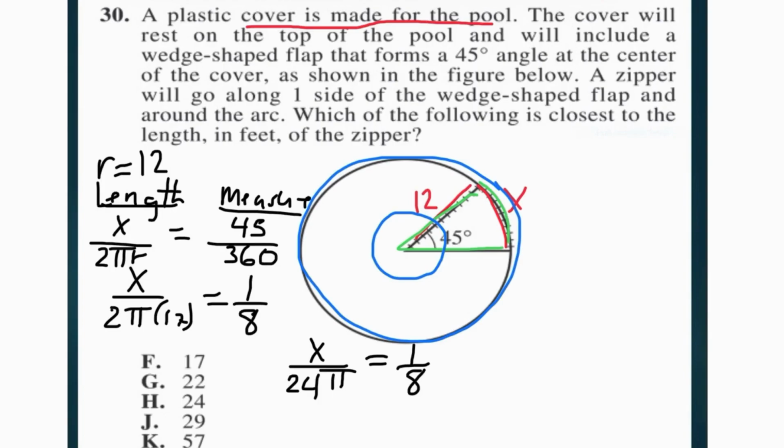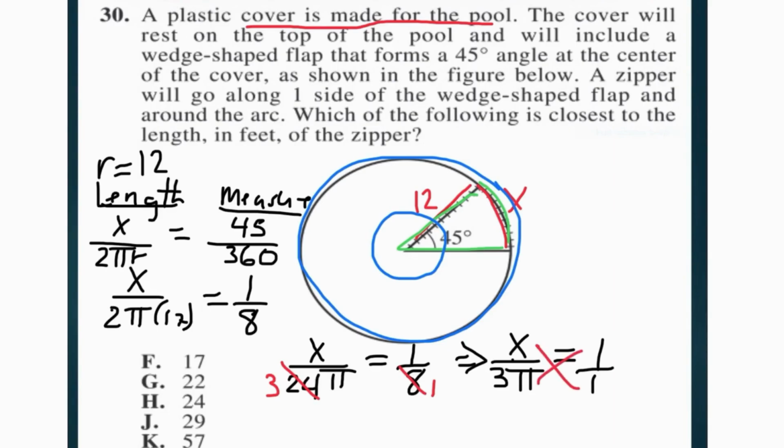Now, remember, the nice thing about proportions is that we can simplify it not just vertically, but also horizontally. So I can see that 8 goes into 8 one time, and 8 goes into 24 three times. So I will end up with x over 3 pi is equal to 1 over 1.